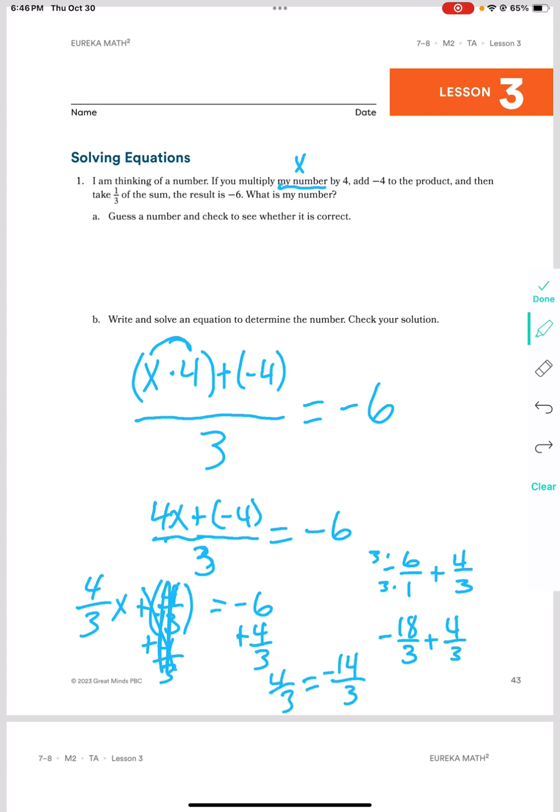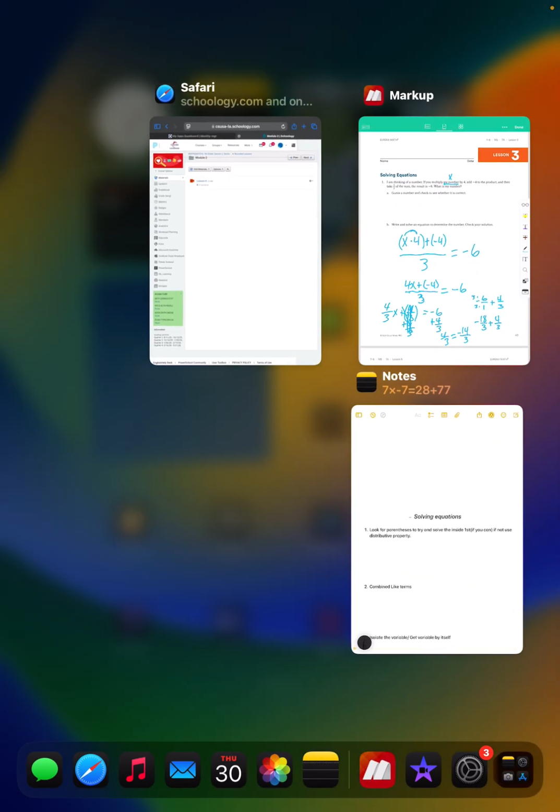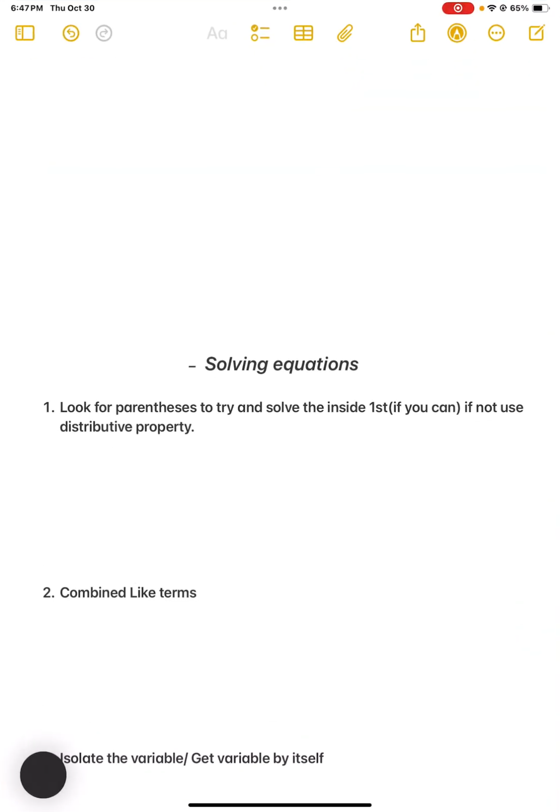And then now it would be equal to 4/3. Okay, so I've run out of space, but I'm going to go to my scratch paper to finish this problem out because we're still not done yet. And it's equal to 4/3 x. So where we were, there's 4/3 x is equal to negative 14/3.